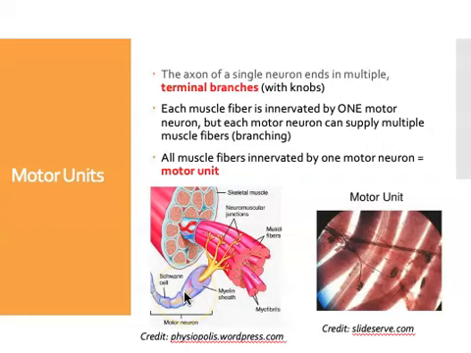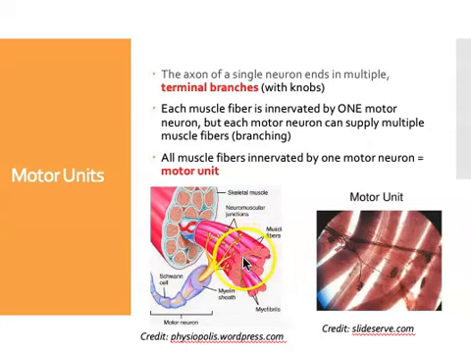Now, when we get down to the bottom of the axon, we see two series of branching. The axon branches out, that's what they're showing us here. And then at the end of each branch, there's a second branching that goes on. These are the terminal branches. And each of the terminal branches has a little swelling at the end that we can't really see.